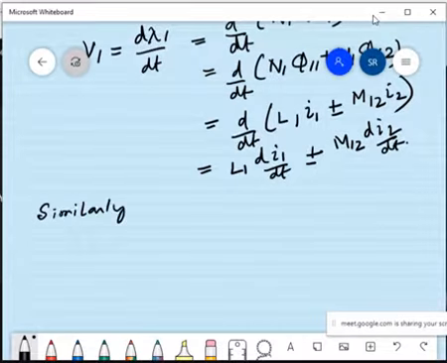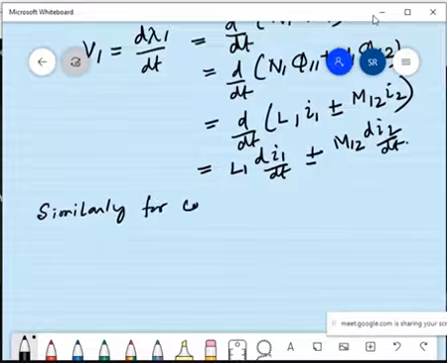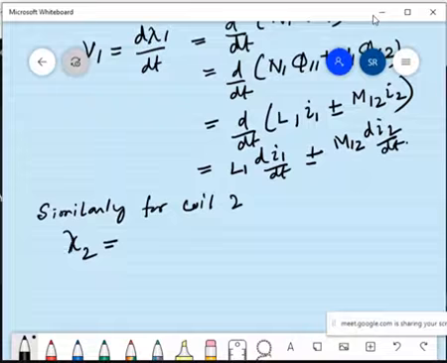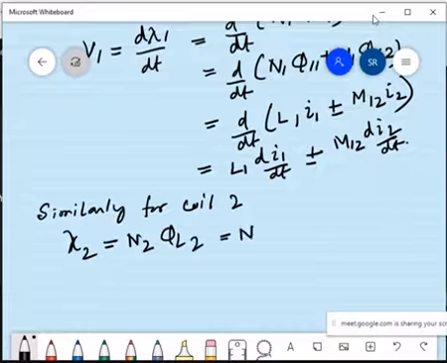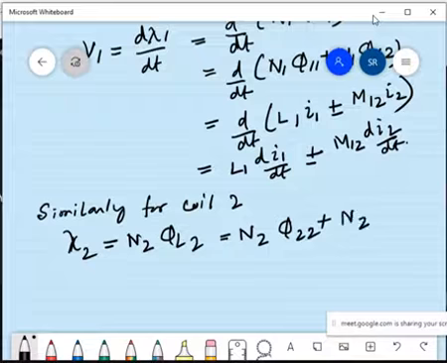Similarly, for coil 2, the flux linkage lambda 2 is equal to N2 phi L2. This is equal to N2 phi 22 plus N2 phi 21.